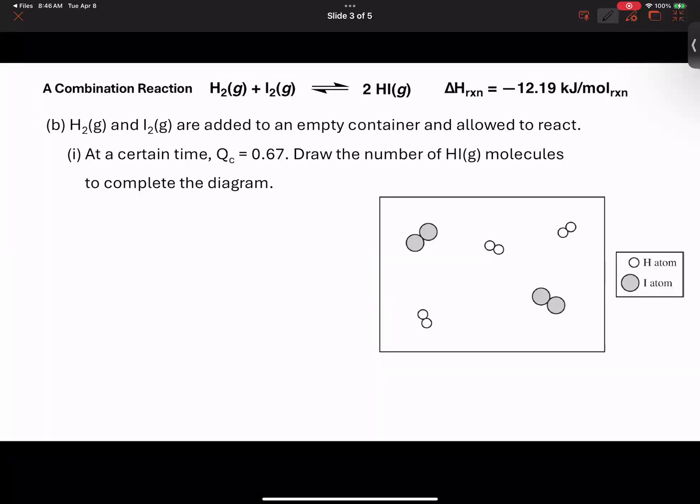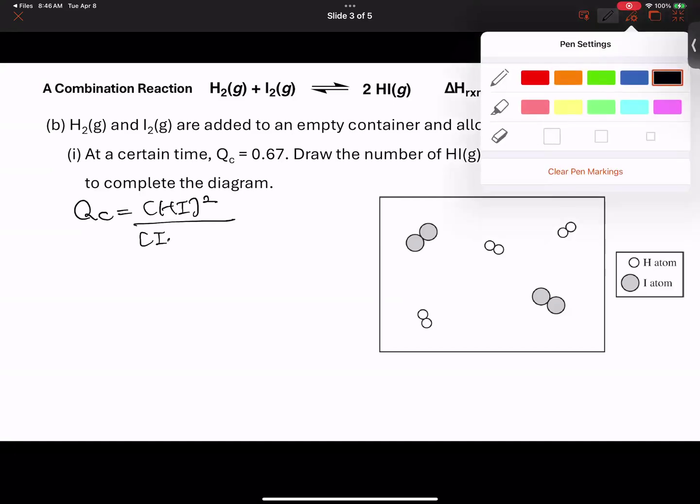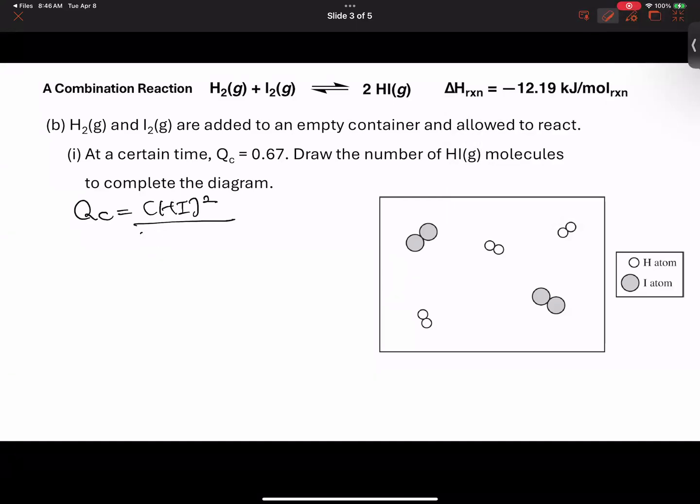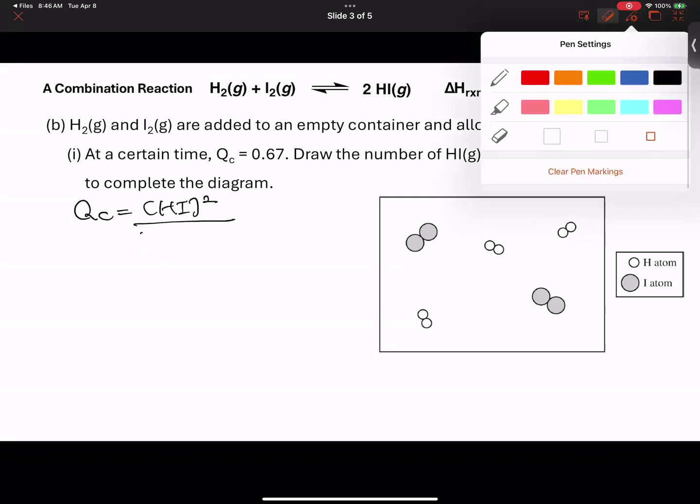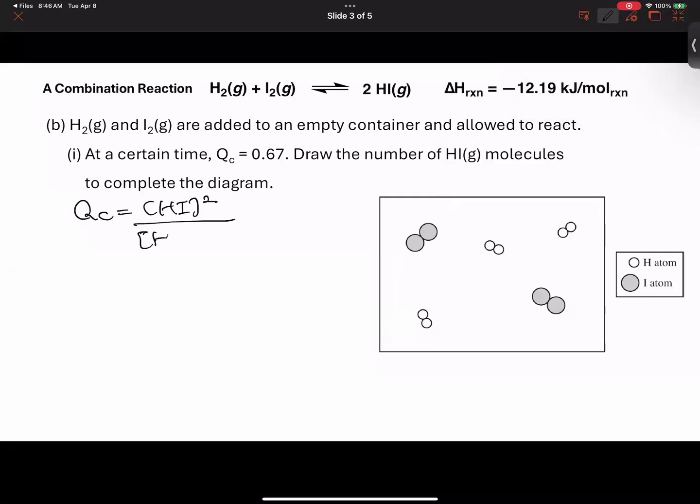Let's write the expression: Q sub C is equal to the hydrogen iodide concentration squared divided by the hydrogen concentration, multiplied by the iodine concentration.